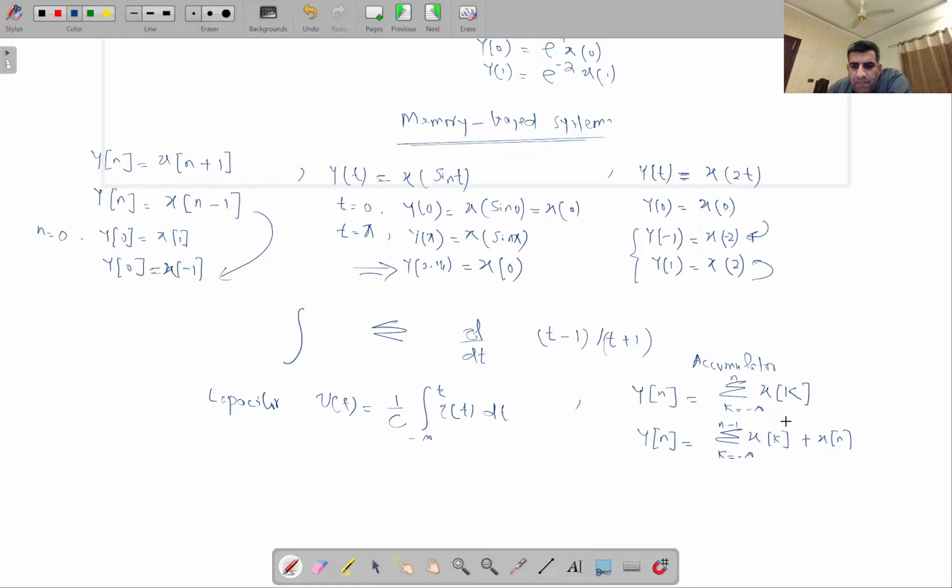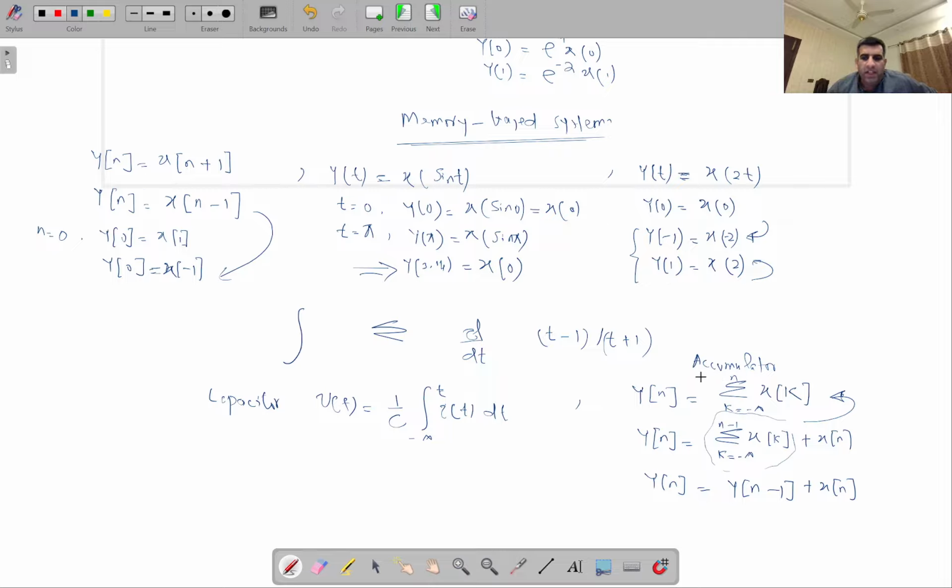And now this thing, if you compare it with this expression, is simply y of n minus 1. Okay, so now again what you can see is that if I substitute the values in this one, it requires a past value of the output. So again, this is an example of a system which has a memory.